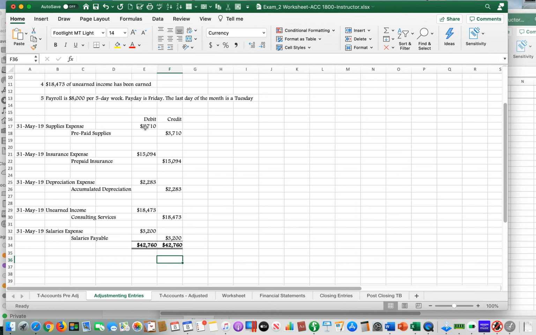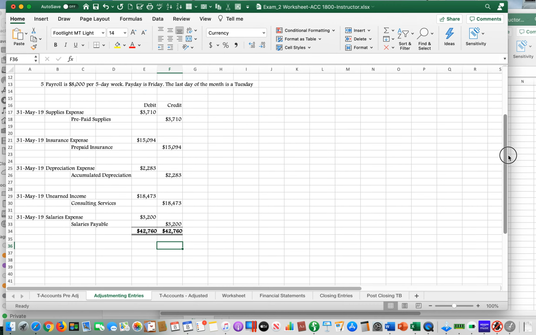And you would have debited $3,810 and $3,810 credit. You would balance, but $3,810 is wrong. It's $3,710. So even if you balance, there's no guarantee that you did not make a mistake. But if you don't balance, you absolutely did. So now we have made 5 adjusting entries.